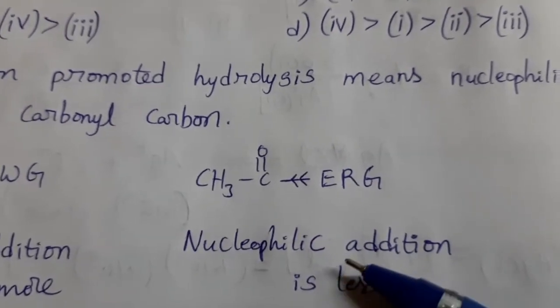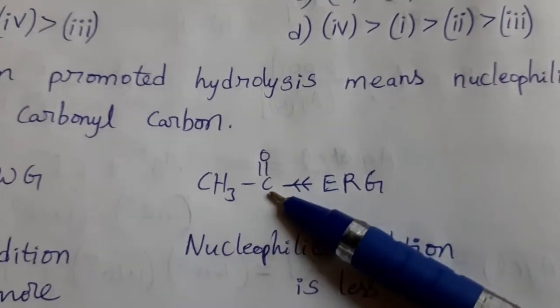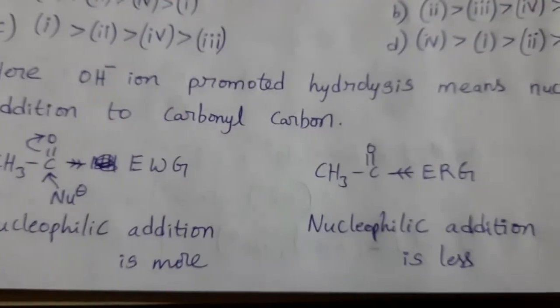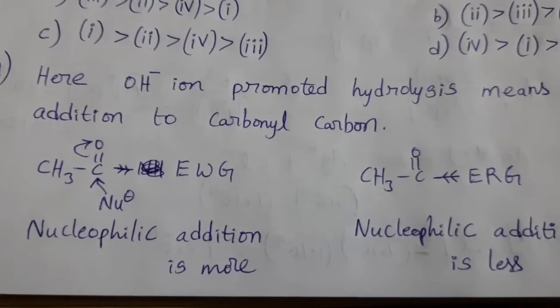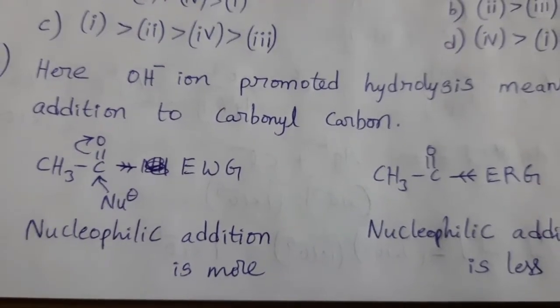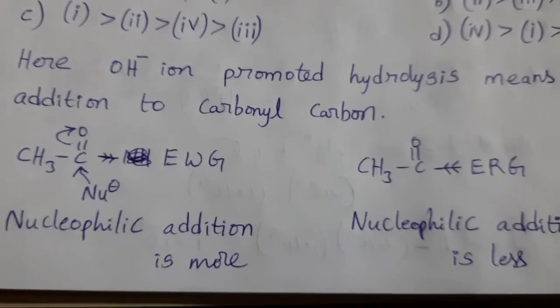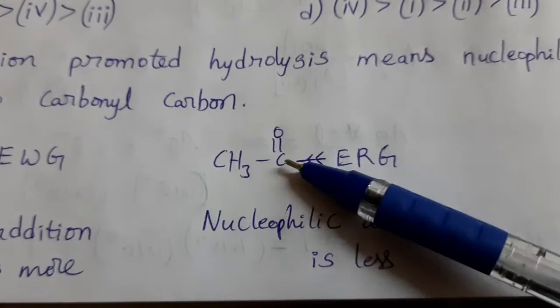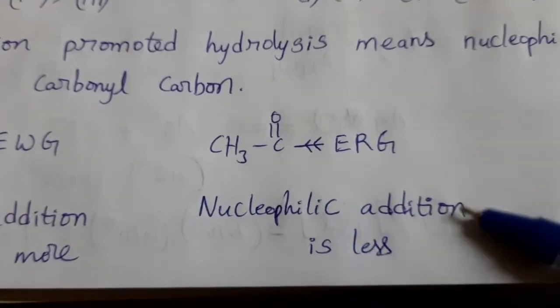Then what happens? Nucleophilic addition at this carbon becomes less. Okay. So finally what do we conclude? Electron withdrawing group attached to the carbonyl group, nucleophilic addition is more. Electron releasing group attached to the carbonyl carbon, then nucleophilic addition is less.